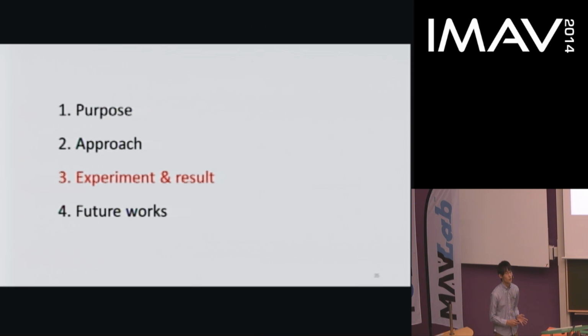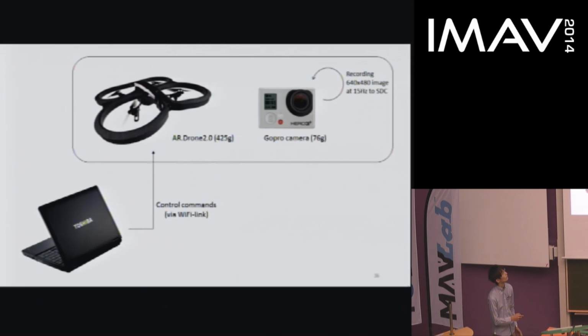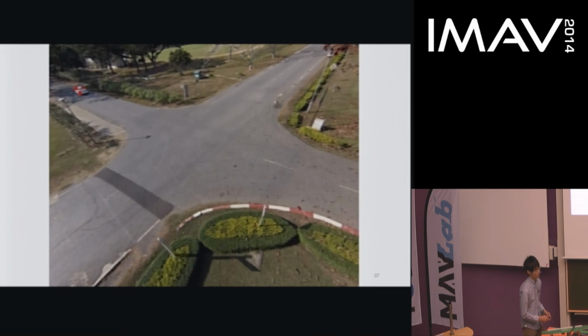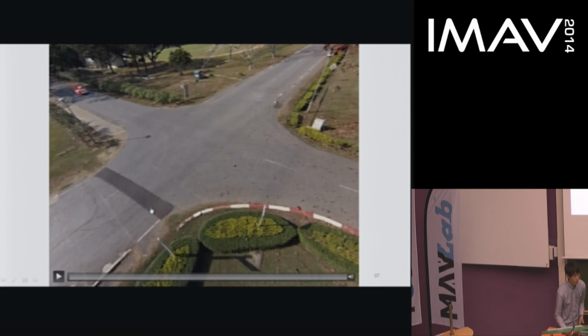To test our approach, we conducted an experiment using our MAV. In this experiment, a small camera is attached to our MAV, Aerodon 2.0, and this MAV is controlled manually by a laptop. I will show you the movie of the experiment result. In this movie, only the detected moving points are shown as red points.